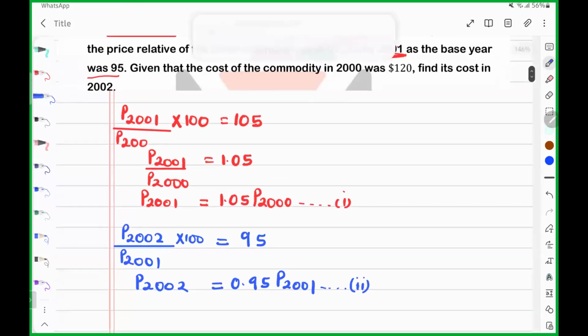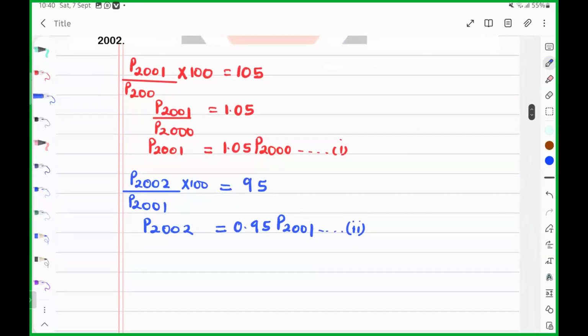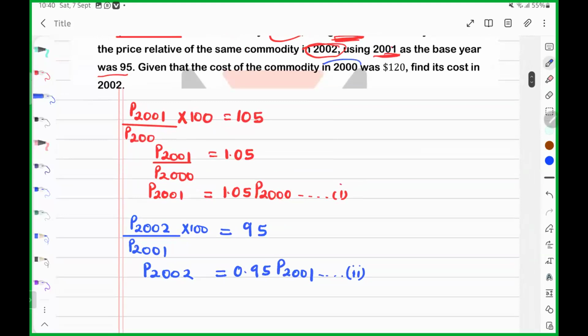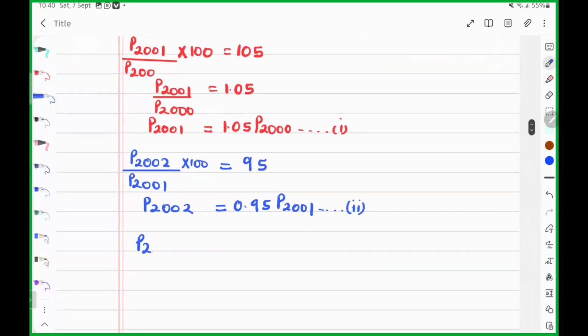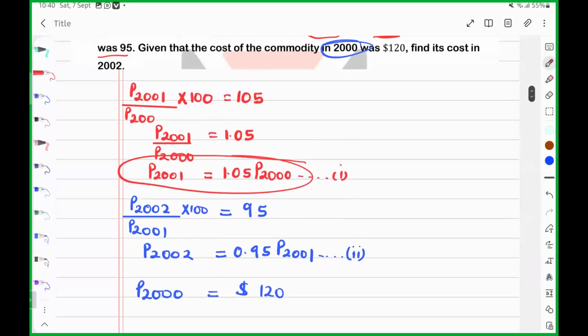But then, I've been given the price of the commodity in 2000 as $120. So the price of the commodity in 2000 is equal to $120. I can substitute it into this equation to get the price of the commodity in 2001.